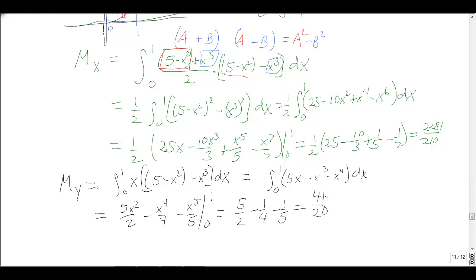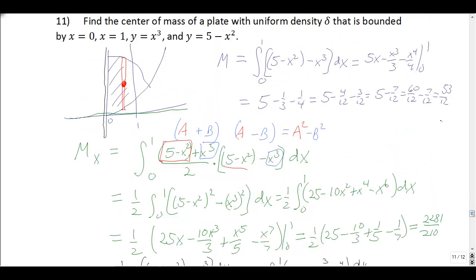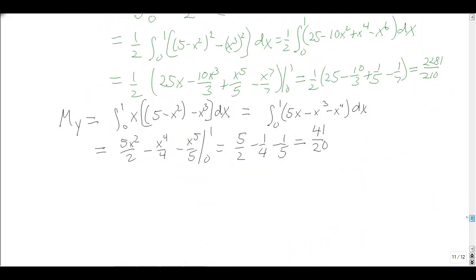Okay, so we have our moment about our y-axis, moment about our x-axis, and then our mass was 53/12ths. And so our center of mass, here, what we're going to get is this is really the point x bar, y bar, where the x bar is my, moment about the y-axis, divided by the mass.